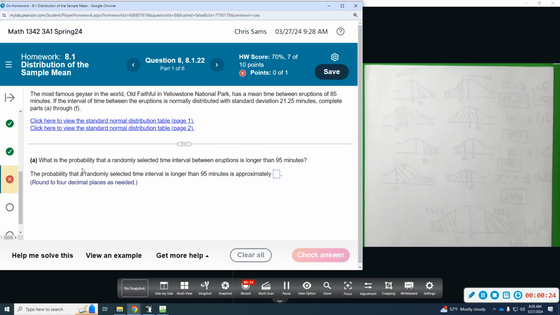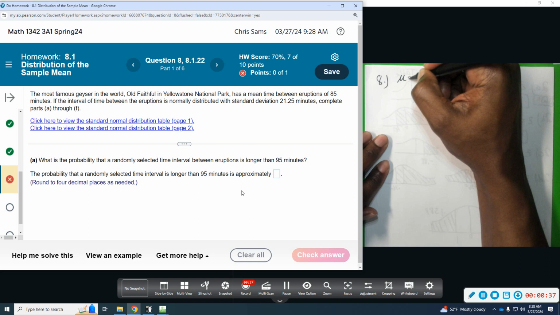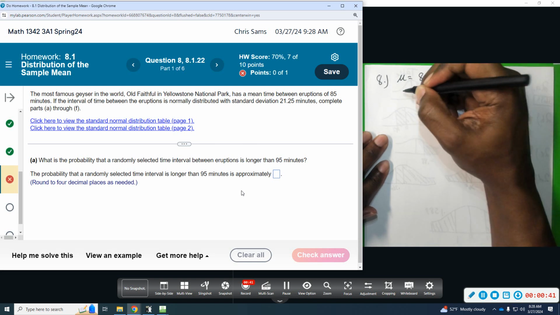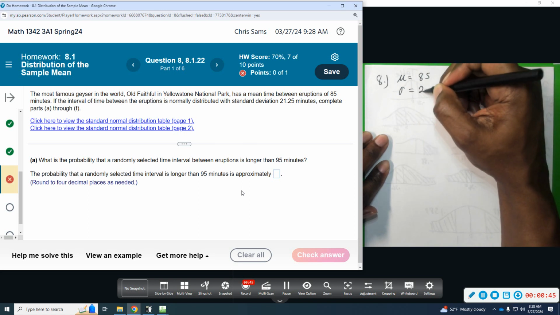So part A says, what is the probability that a randomly selected time interval between eruptions is longer than 95 minutes? Okay, so first, we were given that the mean was 85. The standard deviation was 21.25.